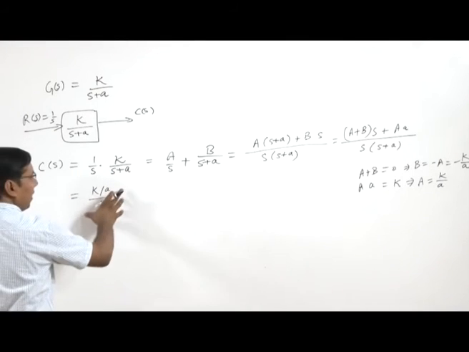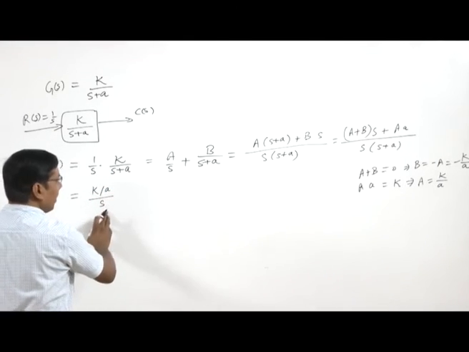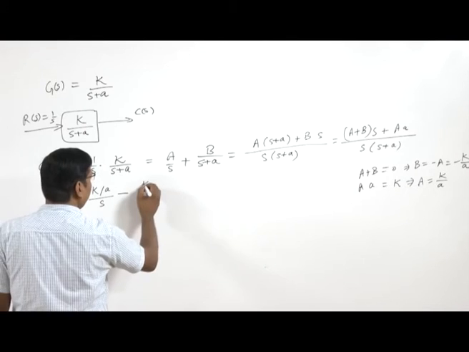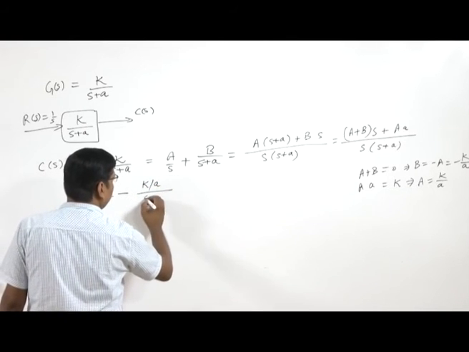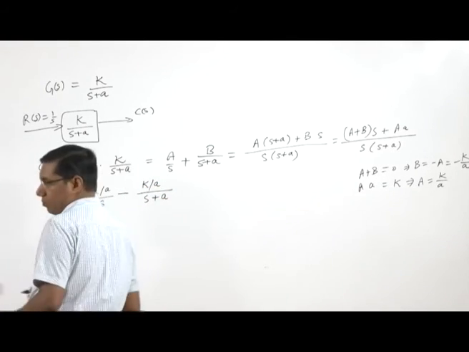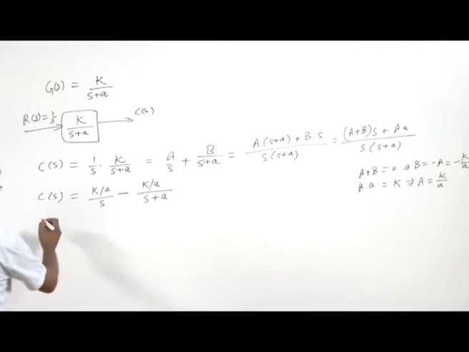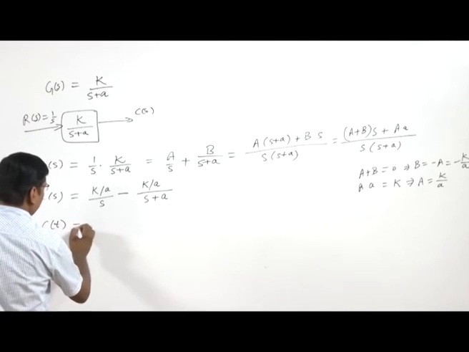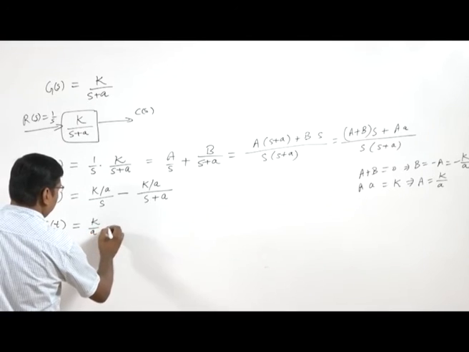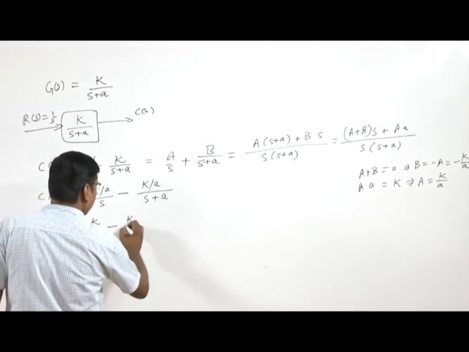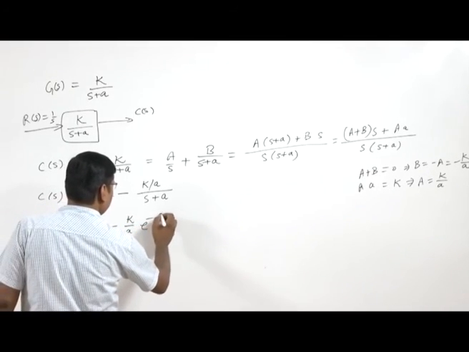So, here a equal to k by a upon s minus k by a upon s plus a. So, we can have c(t) equal to k by a minus k by a e power minus at.